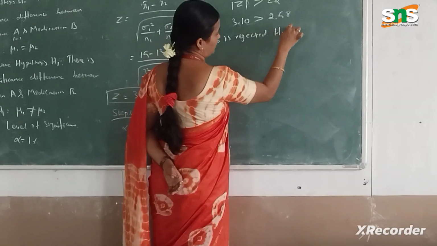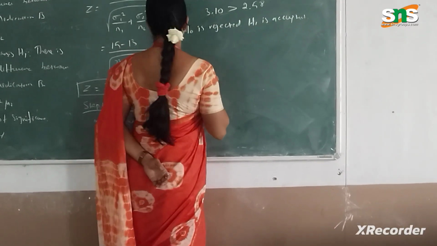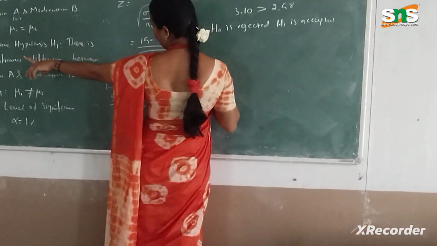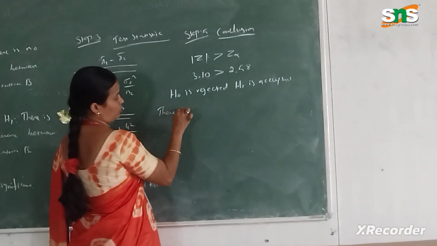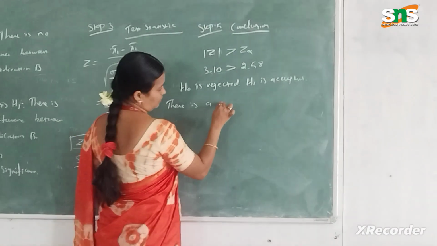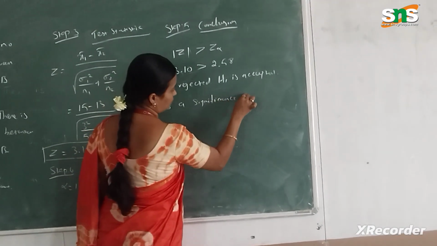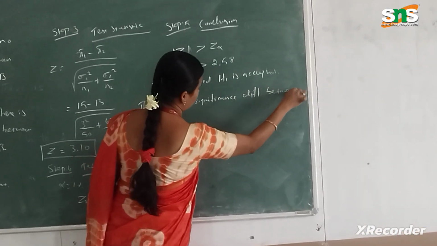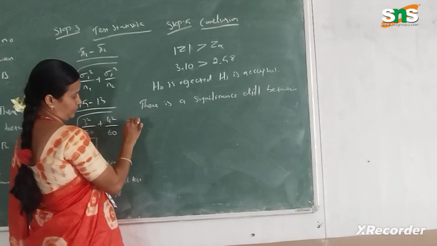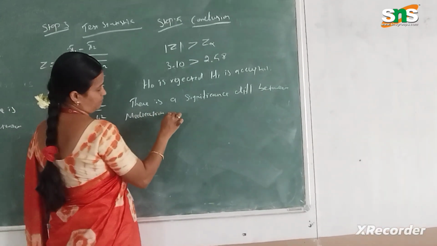Therefore, H1 is accepted. So what do you observe? There is a difference between medication A and medication B. Therefore, I conclude my problem: there is a significant difference between medication A and medication B.